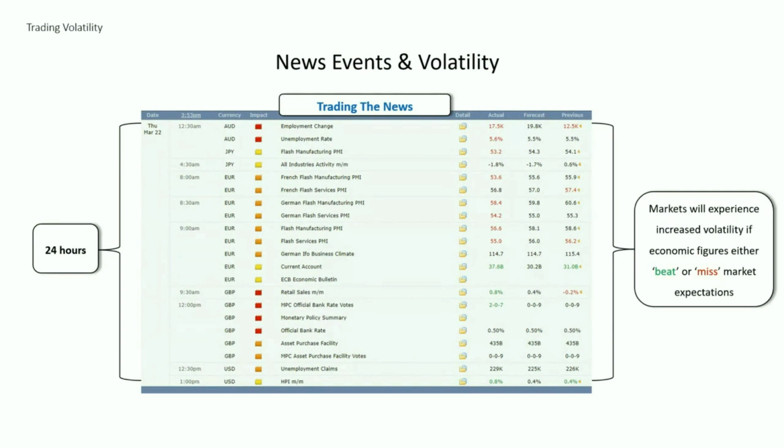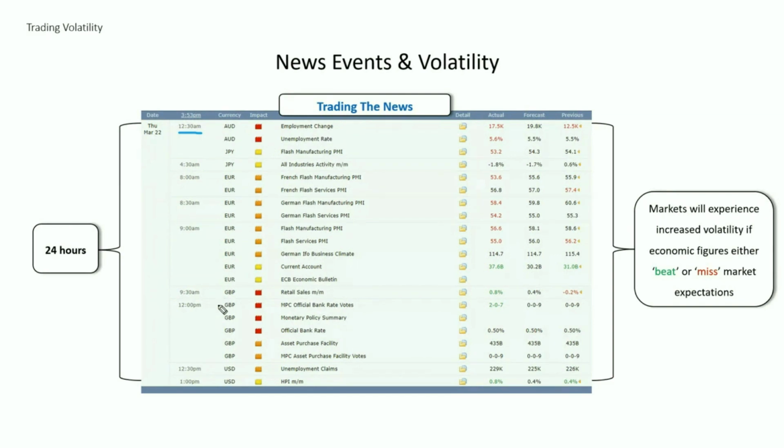We can actually choose to trade some of these pairs which are totally uncorrelated, just given the actual news figures. Perhaps we were deciding to trade the Australian dollar. We know that at 12:30 we have some news events affecting unemployment change and unemployment rate. They're regarded as red or of high significance when deciding to trade these forex currency pairs.